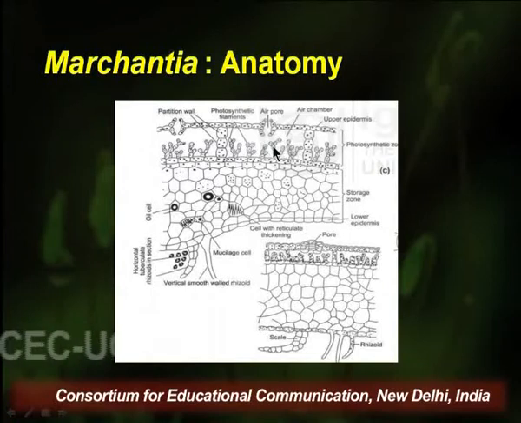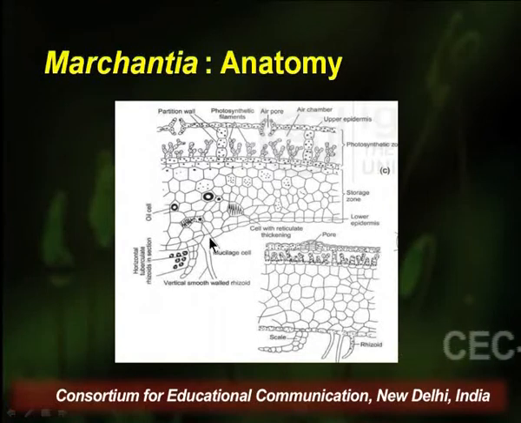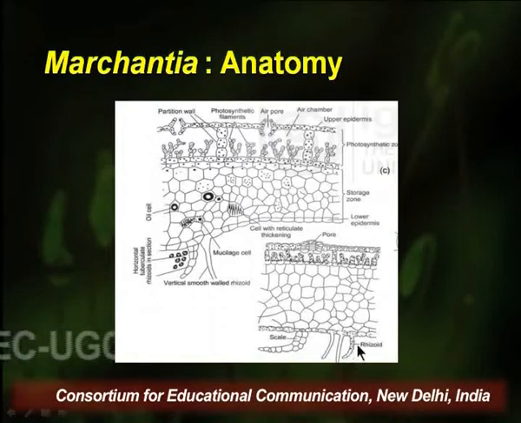They sometimes carry oil bodies also, and mostly they contain the photosynthates which are formed by photosynthesis by these chlorophyll containing filamentous cells. From the lower epidermis of the Marchantia thallus arise two different types of rhizoids. One is smooth walled and the other one is the tuberculate rhizoid.